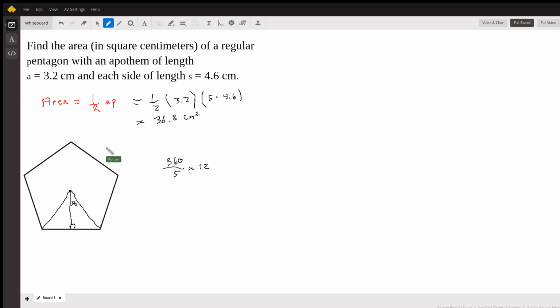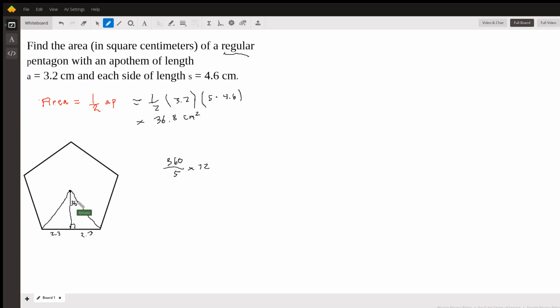And this is all coming from the fact that it's a regular pentagon. A regular pentagon is where all the angles are congruent, all the sides are congruent. Okay, so now we can work with this. The side is split in half, so this side here would be 2.3 and 2.3.